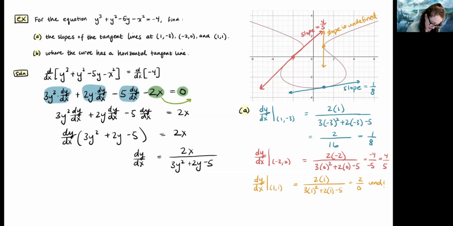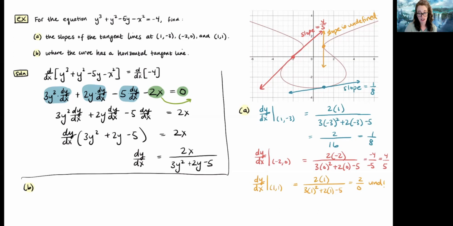Okay, part B says find where the curve has a horizontal tangent line. So the curve will have a horizontal tangent line, the same kind of situation as we are used to, right? A horizontal line has a slope of 0.